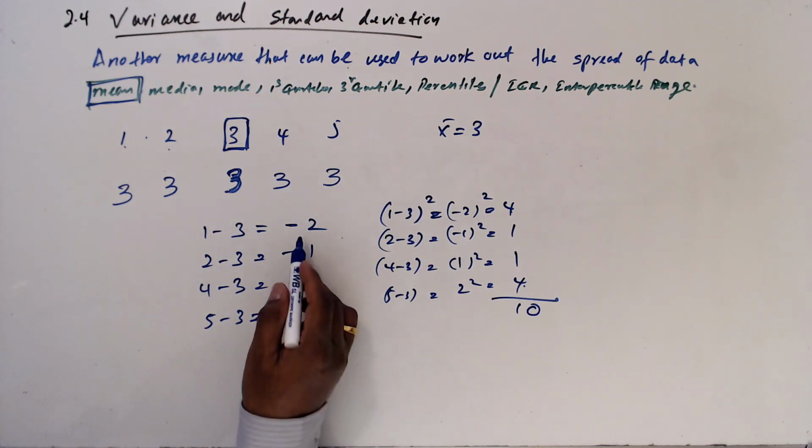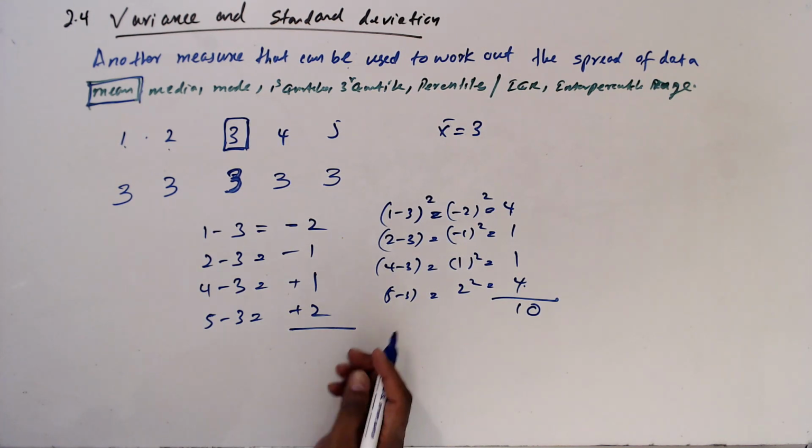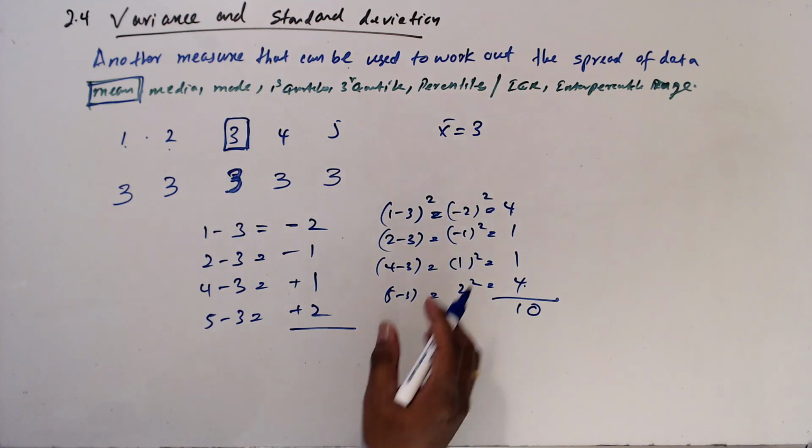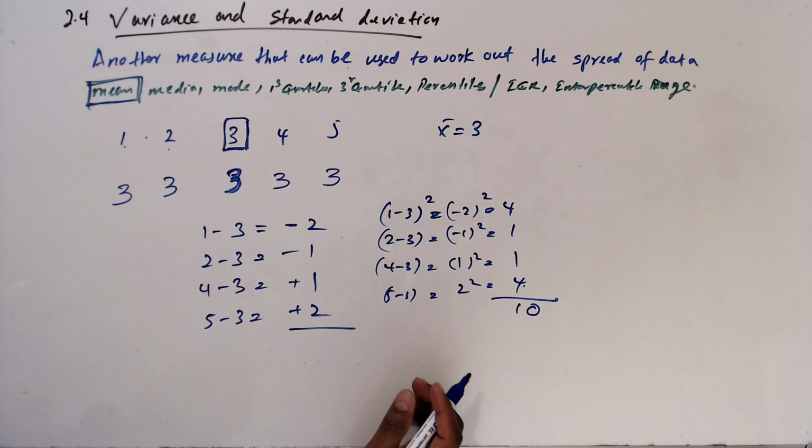So we square these, turning them into positive form, and we look at the squared form.